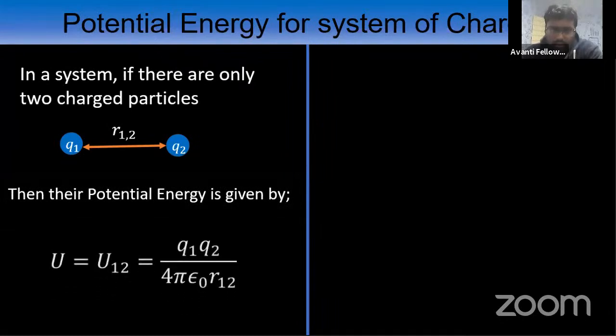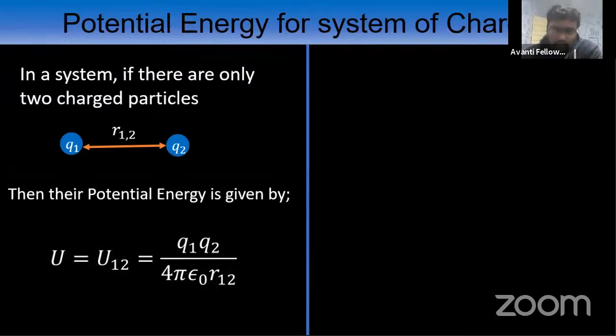Then U is equal to U12, which is Q1 Q2 by 4 pi epsilon naught into R12. So the potential energy is Q1 Q2 by 4 pi epsilon naught into R12.